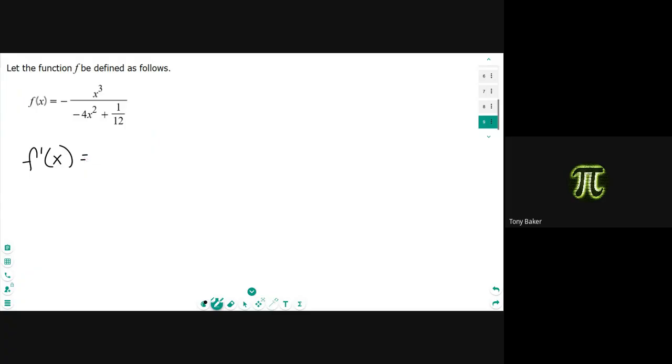What do we got to do for this one? Yeah, we got to do the quotient rule for this one. I'm going to move the negative sign up to the top.